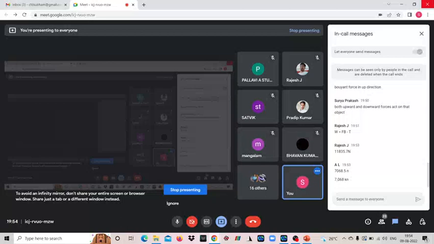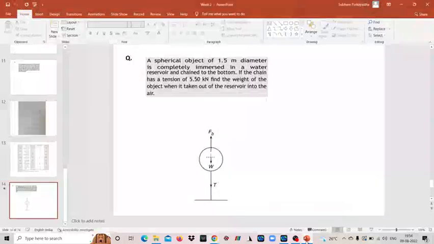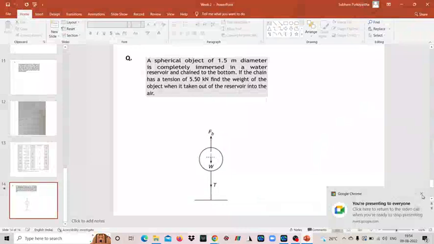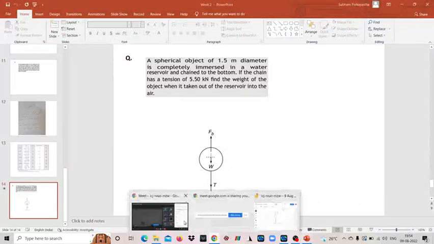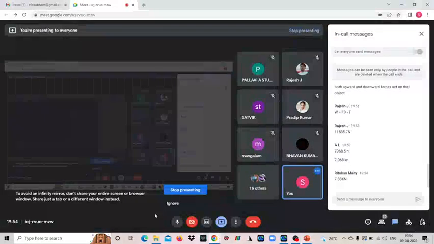Rajesh obtained 11,835 Newton, and someone else obtained 7,068.5 Newton. Okay, 7.33 kilonewton.